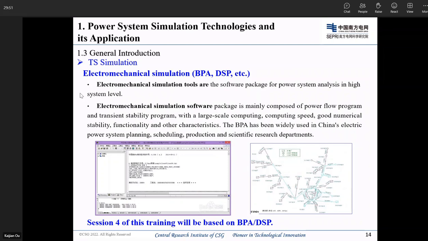For DSP, we will introduce next time. So today I will just introduce the TS simulation of the HVDC model, the TS model.